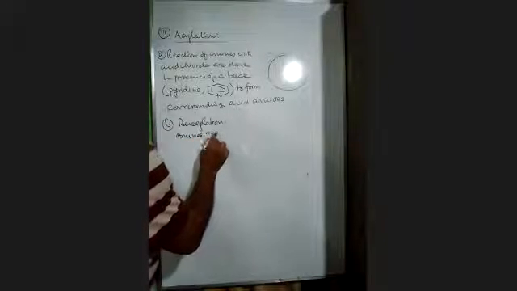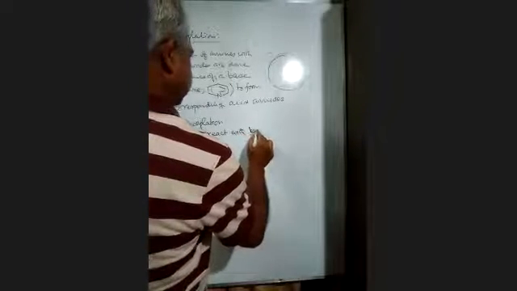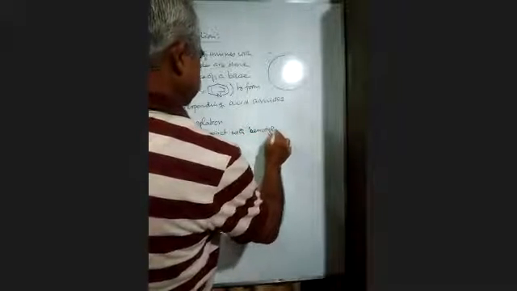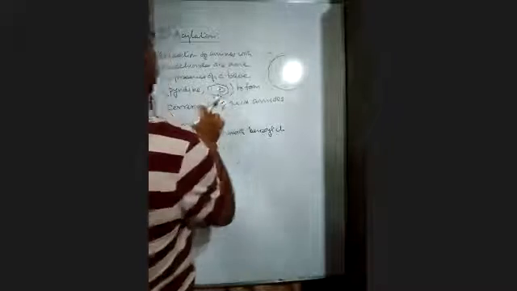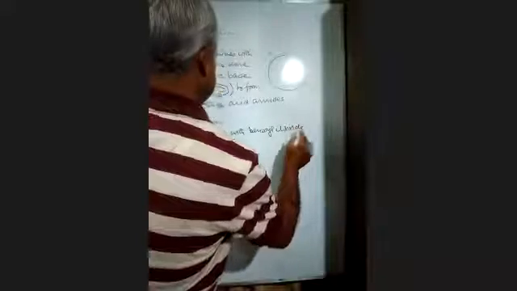Amines react with benzoyl chloride. See, this first reaction we have done with aliphatic acid chloride. This is with aromatic acid chloride. How does benzoyl chloride look like?